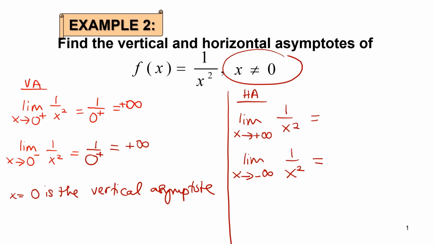For both, it becomes 1 over infinity, and 1 over infinity is equal to 0. Therefore, we might conclude that y equals 0 is the horizontal asymptote.